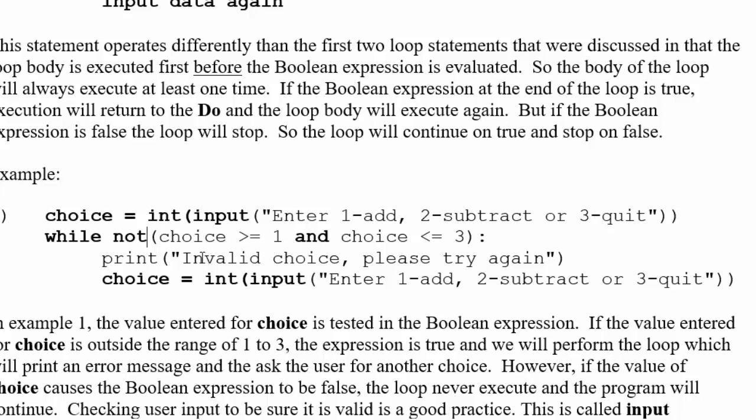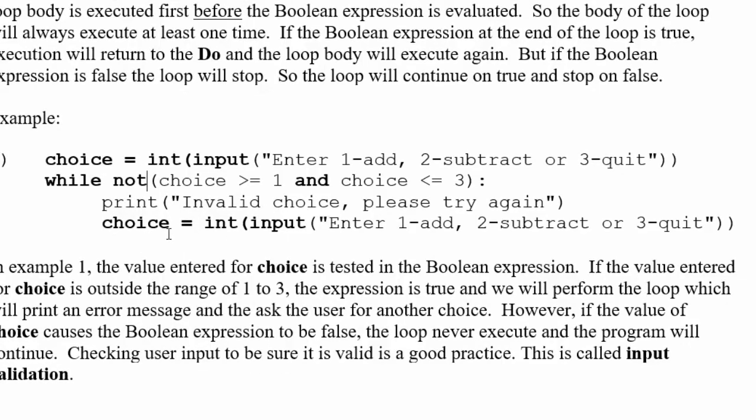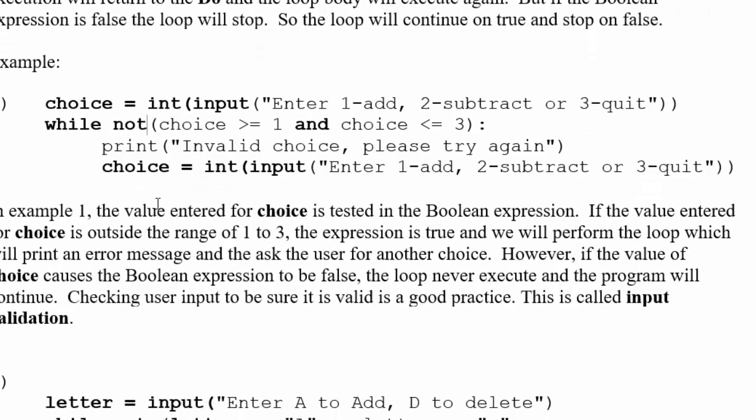So I'm asking for a value between 1 and 3, so I have choices greater than or equal to 1 and choices less than or equal to 3. By putting the not there, I'm saying if you give me anything other than this condition, then it's invalid. And for this, we then print out an error message and ask the user to put in the choice again. If the user puts in the correct choice, this condition will be false and the code will continue on. We'll see an example of that in just a second.